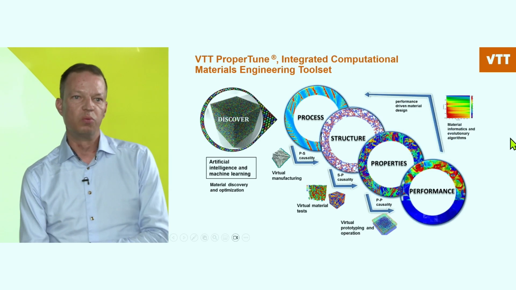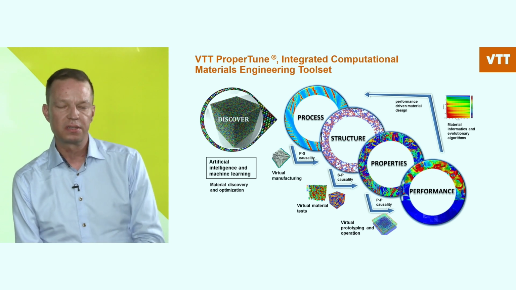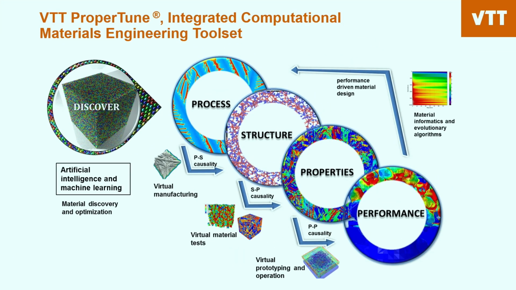So what do we model? We model quite a lot of things. It's not a single program. We utilize all kinds of different scales, whether it's size scale or time scale, different modeling techniques, different libraries for different purposes. Typically, when developing a material, we know that dependent on the chemical composition and how you manufacture it, whether it's casting or you process it somehow, the processing dictates the microstructure fully.